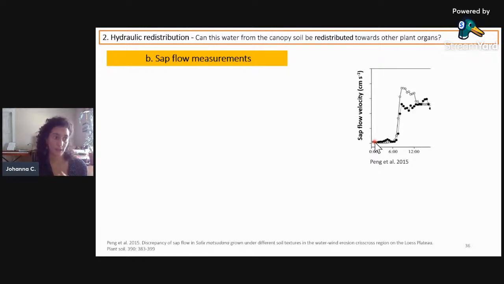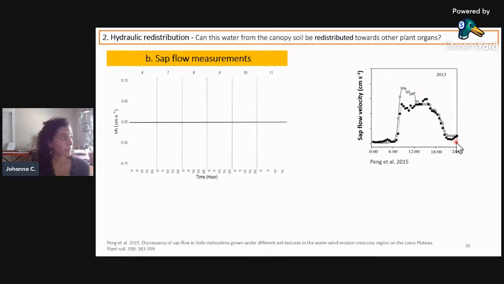But then during the day after the sunrise, you can see that the sap flow is very active. Around noon, we see the maximum point of sap flow activity. And then after sunset, around 6 to 12, again, the sap flow will tend to decrease. So that's just the diurnal dynamic of the sap flow.